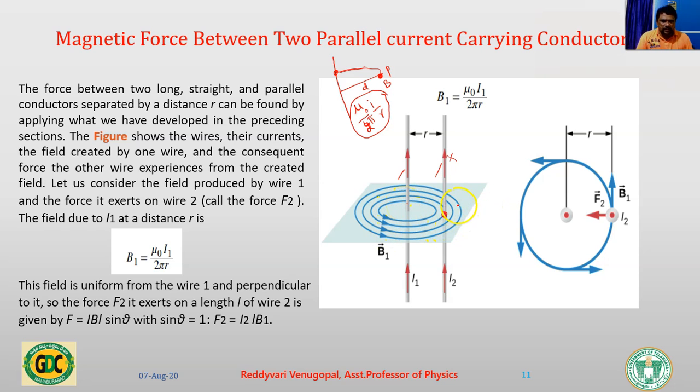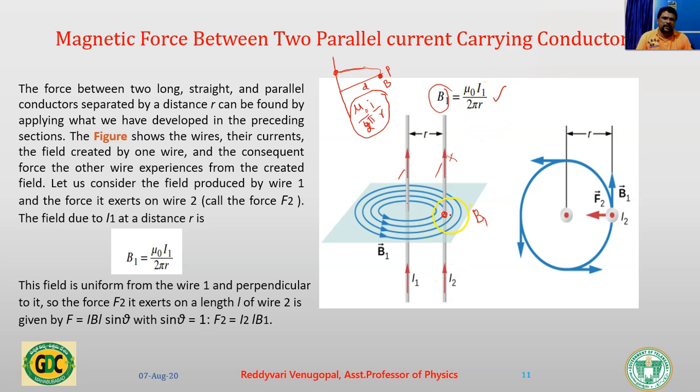We call that magnetic field B1. Because the distance between the two conductors is R, the magnetic field B1 due to the current I1 at this point is B1 equals mu naught into I1 divided by 2 pi R.